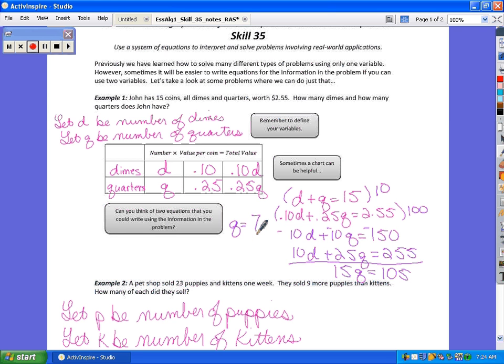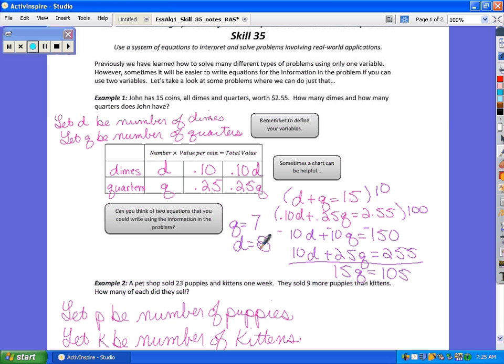Now how many dimes do I have? Well, if I just look at that equation, I can tell to get to 15, I should have 8 dimes. Okay. Now, check that. Well, 8 plus 7 does equal 15.